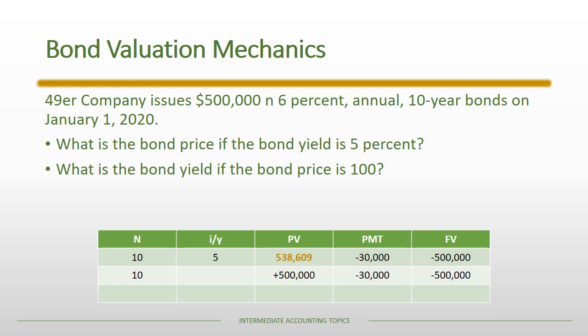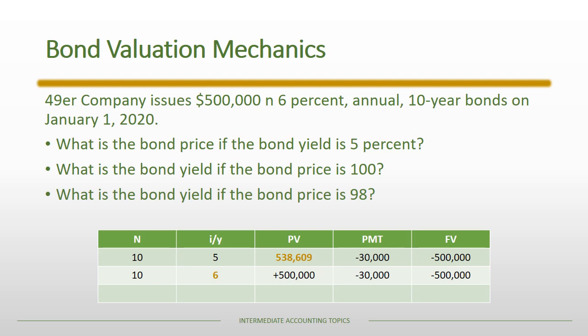When you get a quote of 100, that means that the bond is issued at 100% of par value, which means that the par value and the issue price are exactly the same. As you might expect, when you solve for the I/Y, because the bond is issued at par, the bond yield, 6%, is equal to the bond rate also of 6%.